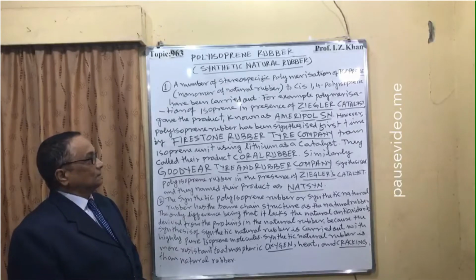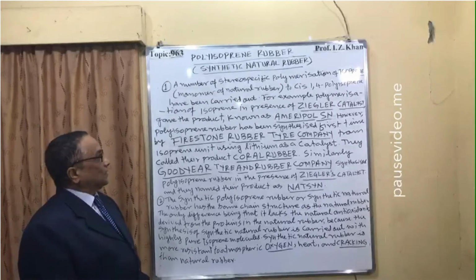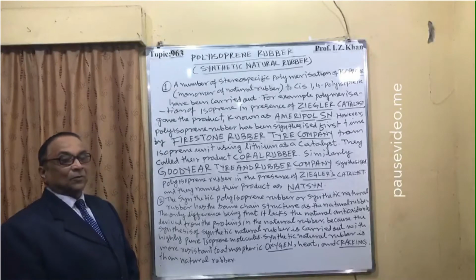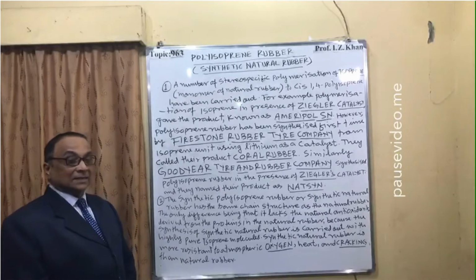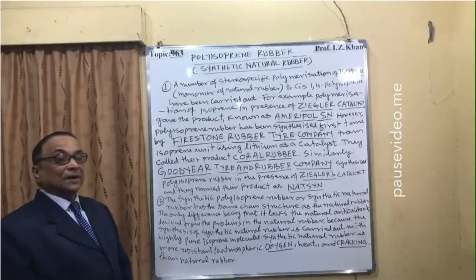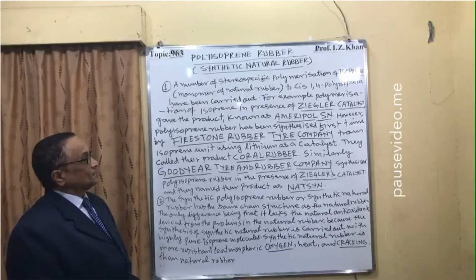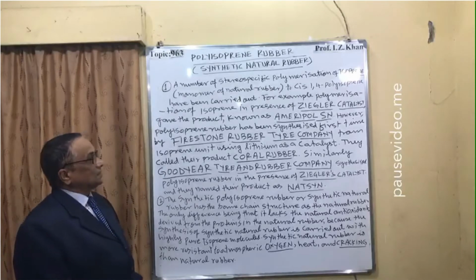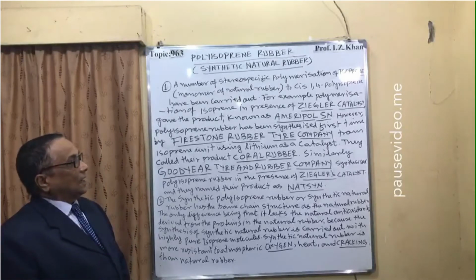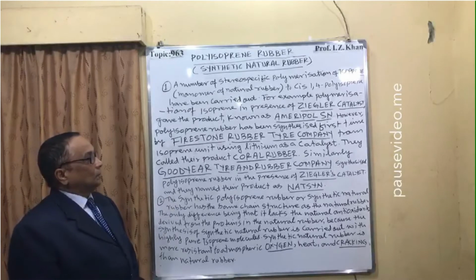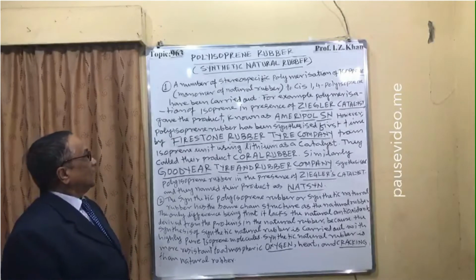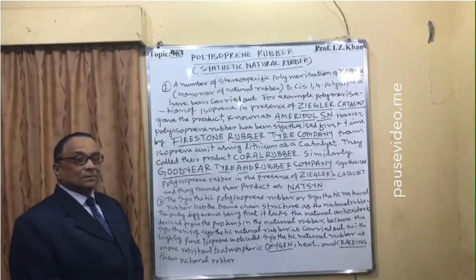For example, polymerization of isoprene in presence of Ziegler catalyst, very powerful, used for different types of polymerization, gave the product known as Ameripol SN.